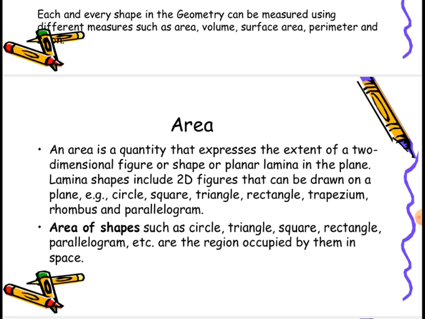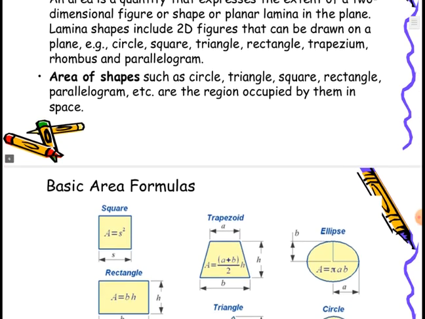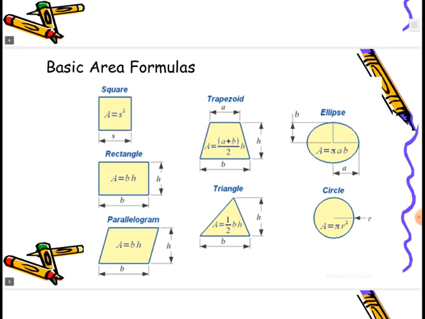And the area of shapes such as circles, triangles, squares, rectangles, parallelograms, etc. is the region occupied by them in space. So we have the basic area formulas. For a square, we have S squared. And sa rectangle, we have the area is equal to base times height.